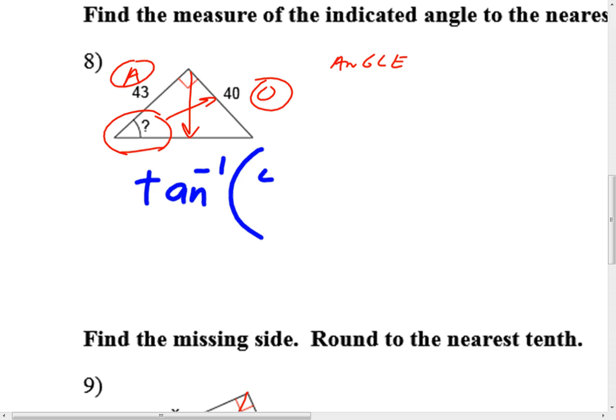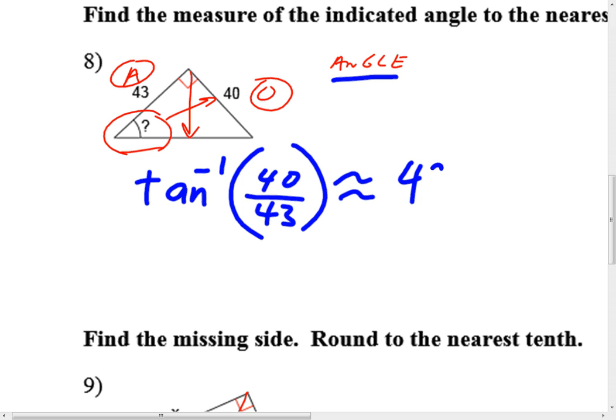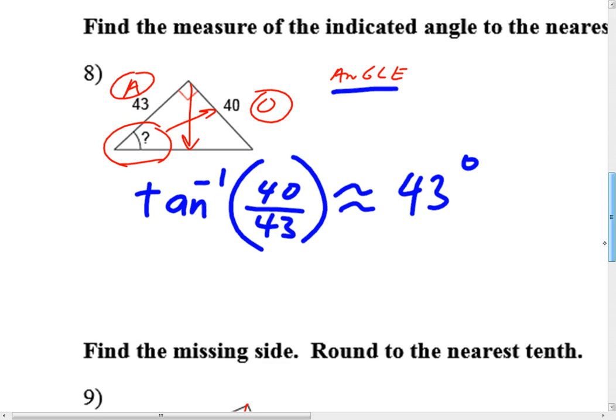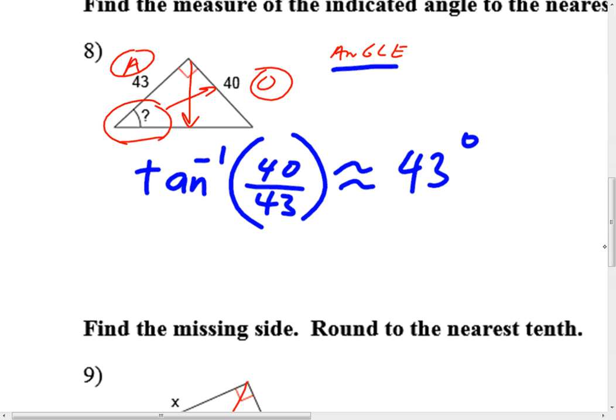It's inverse. Take a look. Did you put 43 over 40 instead of 40 over 43? We want opposite over adjacent. We want the inverse because we're looking for an angle. This should have been approximately 43 degrees. That's all the work you needed. Some people are making proportions like this work up here. That's for sides. Angles, it's input, get an output.